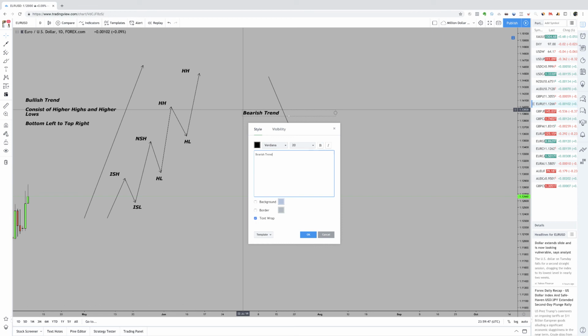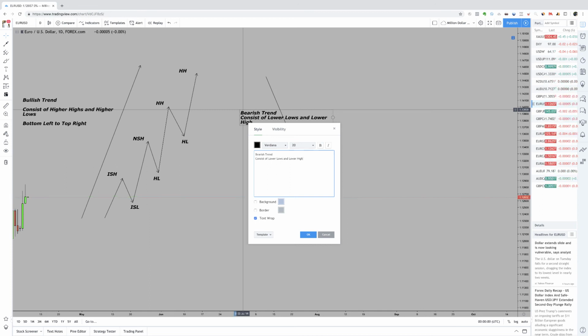So a bearish trend consists of lower lows and lower highs. And it's going to go from top left to bottom right of your chart.